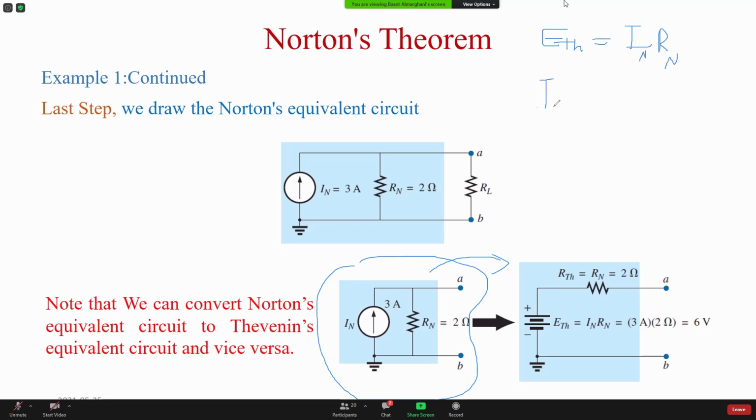If you want I Norton from Thevenin, you can just say E Thevenin divided by R Thevenin, and basically R Thevenin is the same as R Norton. But when we do Norton's equivalent, we don't write R Thevenin here. No, we write R Norton. Even if it's the same thing, we write it as R Norton.